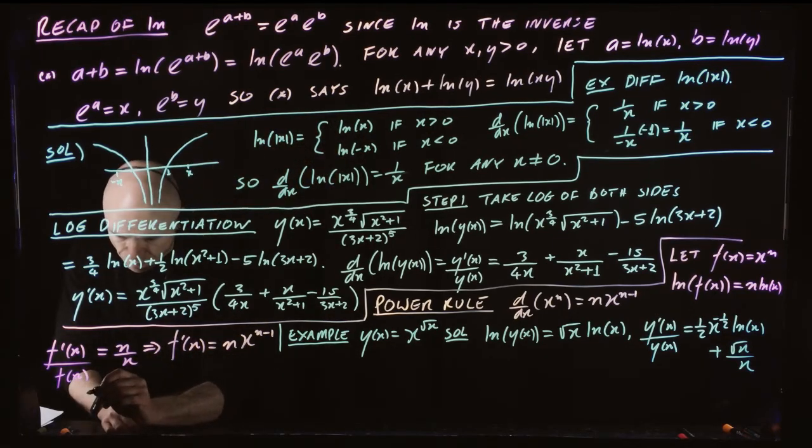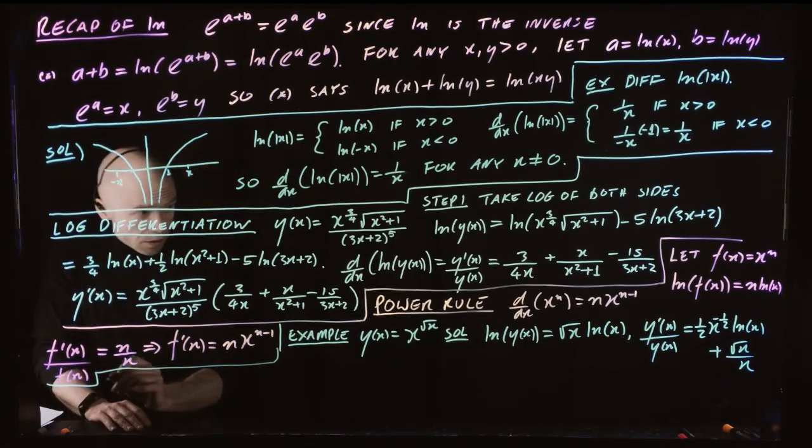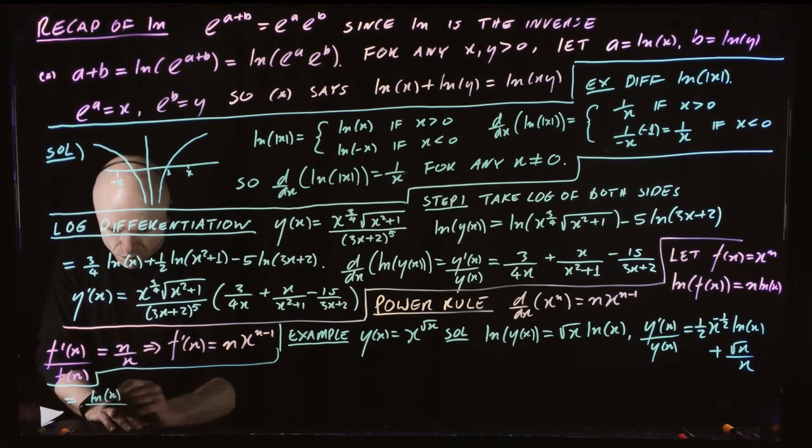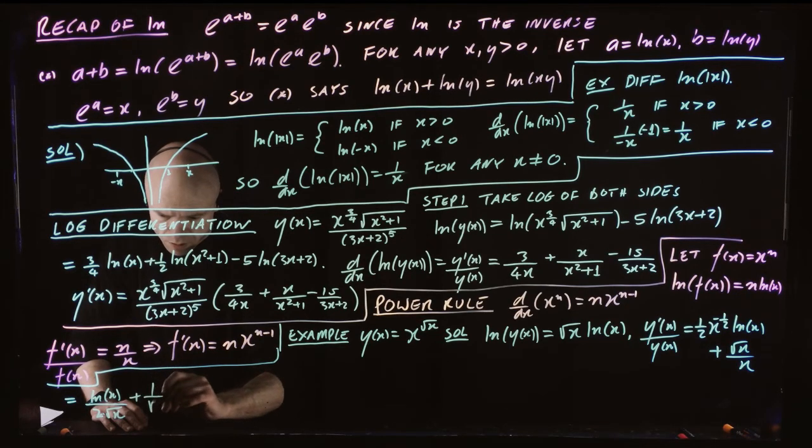And what's this? This is equal to log of x over 2 square root of x, and this guy here is just 1 over square root of x.